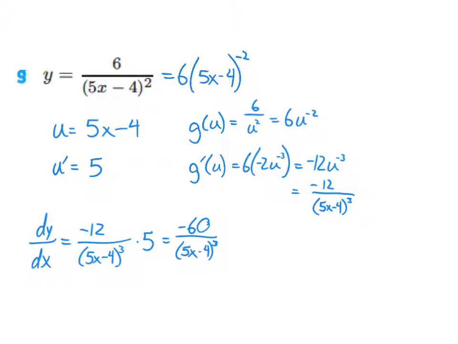Eventually, this is what I'd like you to be able to do. To say, okay, well that means dy dx is going to be 6 times the negative 2 times (5x minus 4) to the negative third times the derivative of 5x minus 4, which is 5. And then you just simplify that. Eventually, that's where we want to get with the chain rule.